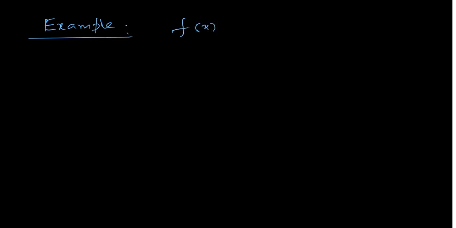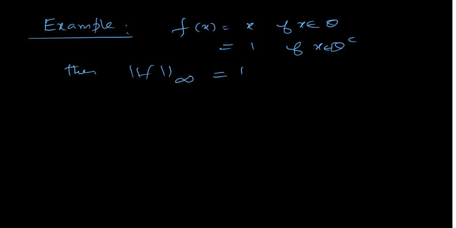f of x equals x if x is in Q, and it's equal to 1 if x is in Q complement. Then you can see the essential supremum of this function is 1. You should take this example.